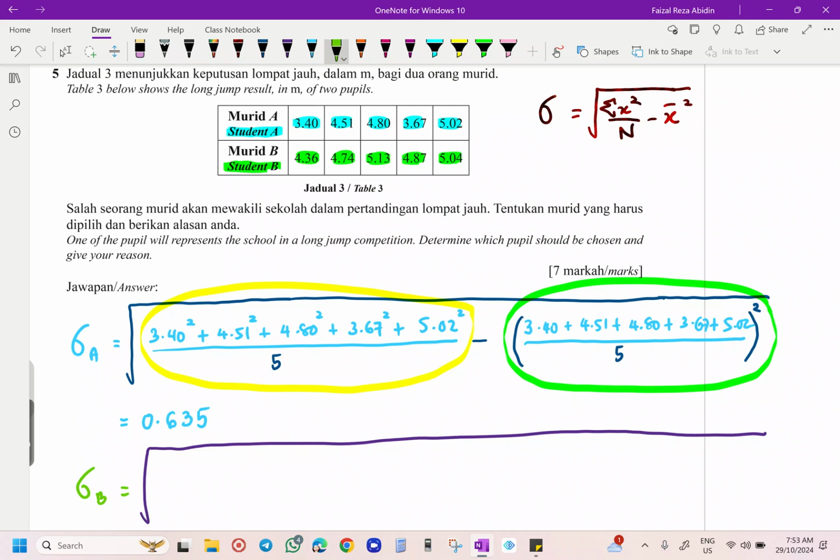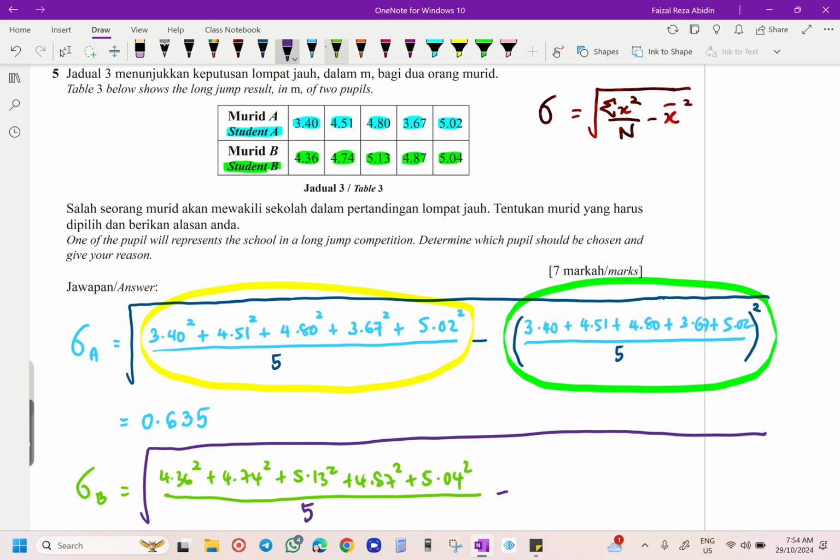Over here 4.36 square plus 4.74 square plus 5.13 square plus 4.87 square plus 5.04 square, divided by 5, the number of data.